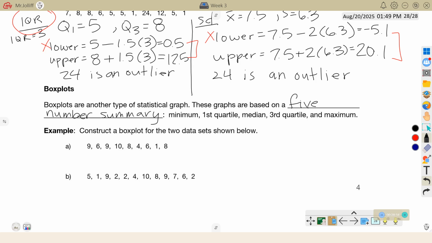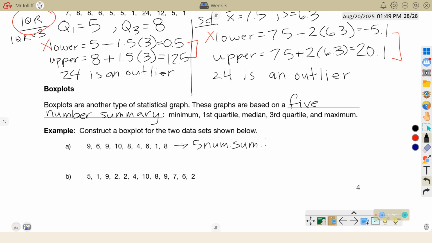All right, so let's start with this one here. I need the 5-number summary. I'm going to call it my 5-num sum. Let me check that I have that data in my calculator.